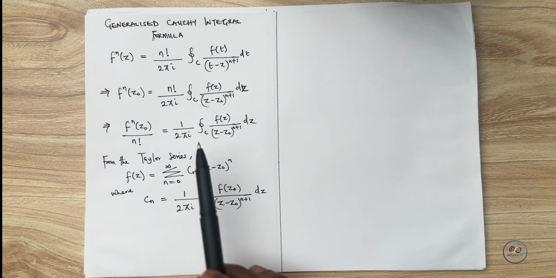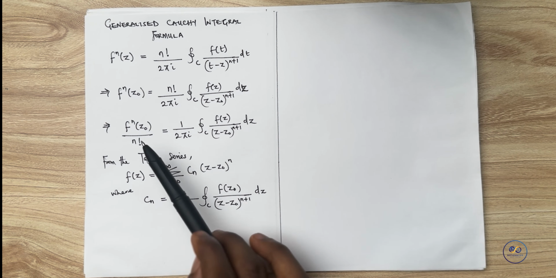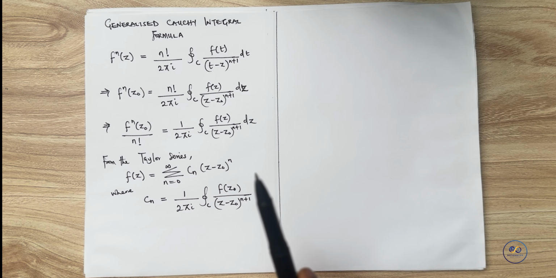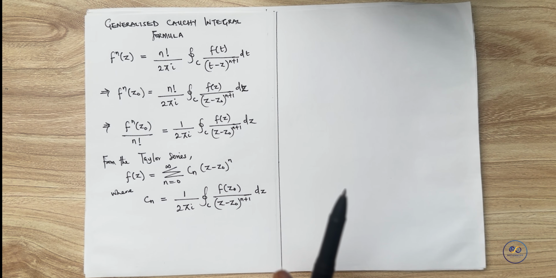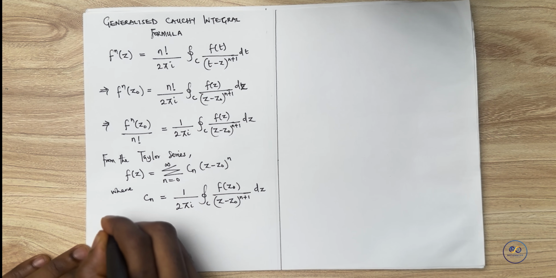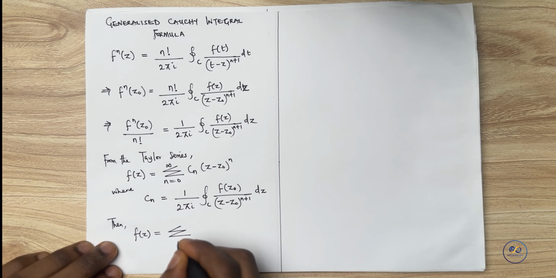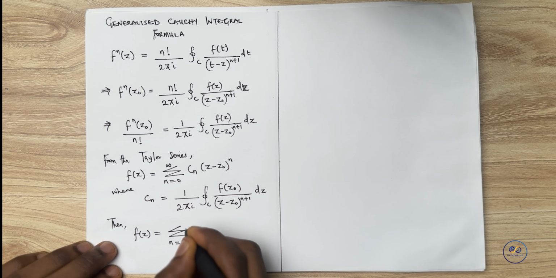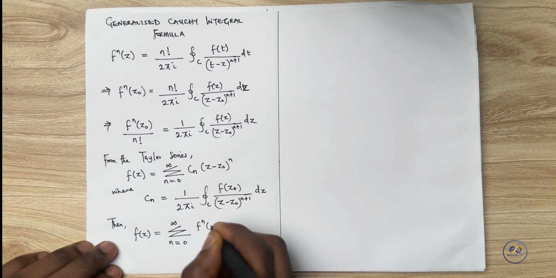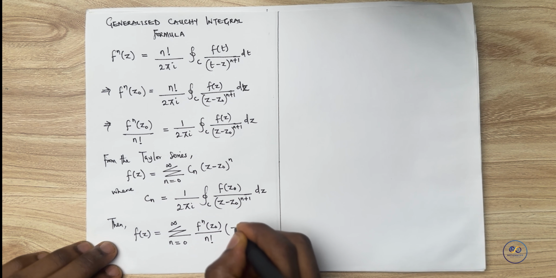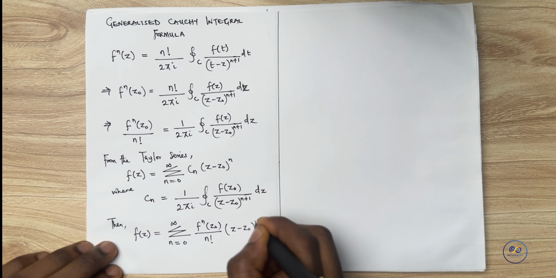What that immediately tells us is that these two values can be used interchangeably without any issues, right? Now, if they are to be used interchangeably, we can rewrite the function based off the left-hand side. So we have the summation, n starting from 0 to infinity, of f^n(z0) divided by n factorial, then (z minus z0) to the power of n.